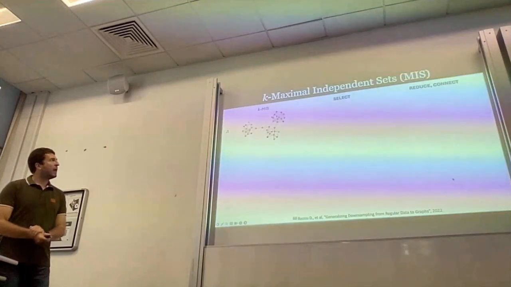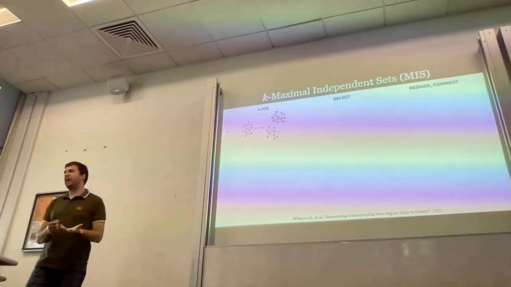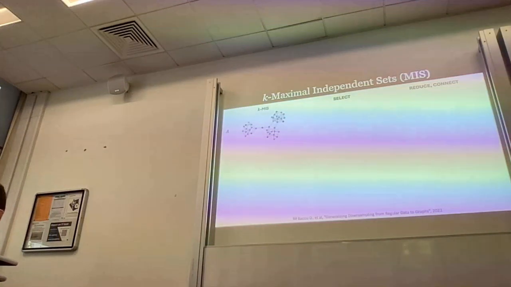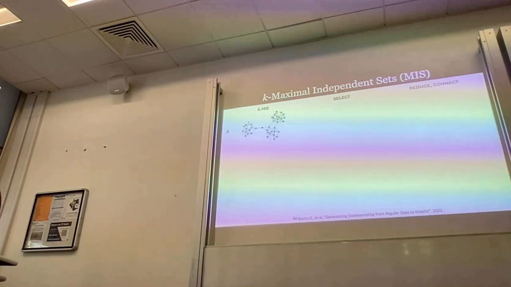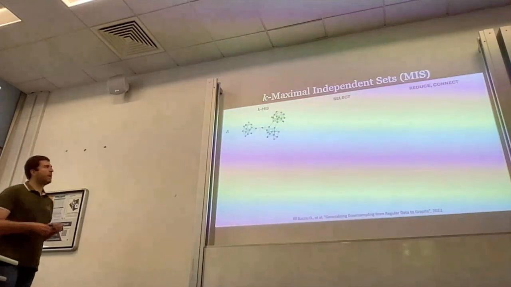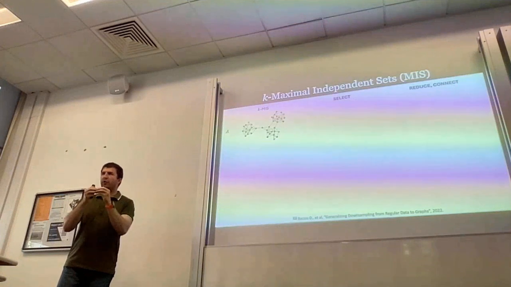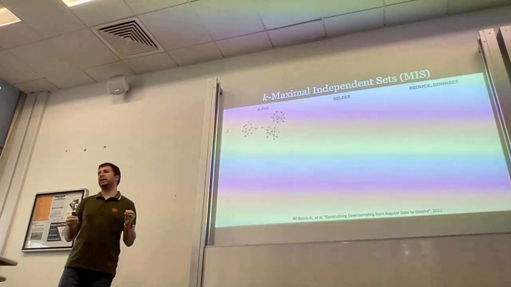Okay, the last method of this family is Graclus-MIS, where MIS stands for maximal independent set. What is a maximal independent set? It is the maximum number of nodes in the graph such that there are no links between these nodes.